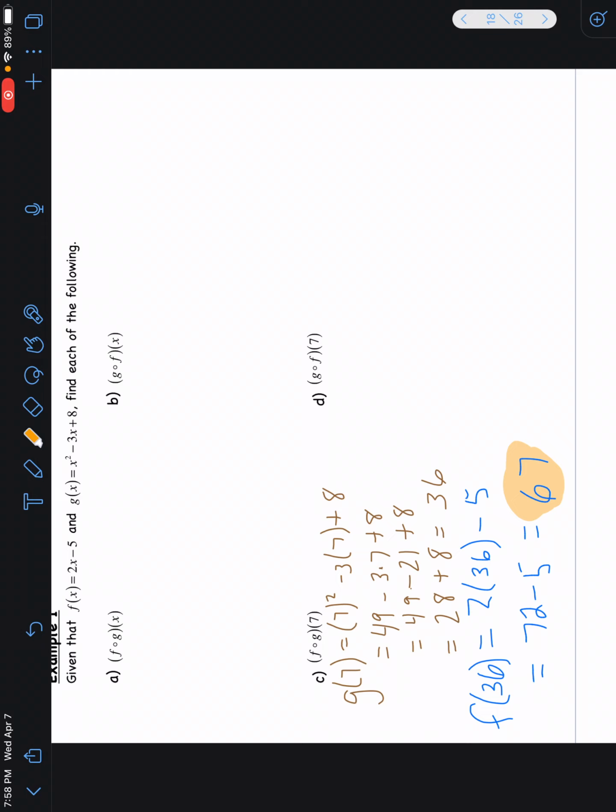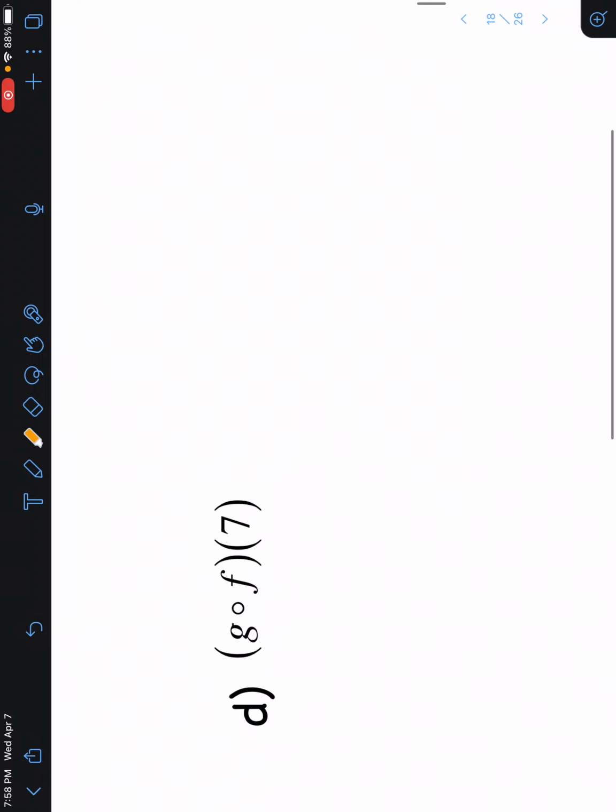Now take a look at D. This one says g of f of 7. Now, though this may at first glance look like the same problem, it's not, because the order is going to be different. First, we're going to do f of 7, get that result, and then plug it into g. So f of 7.